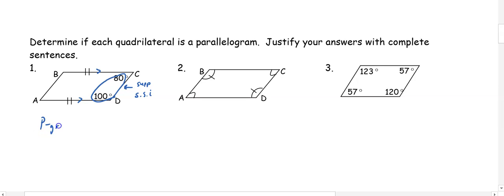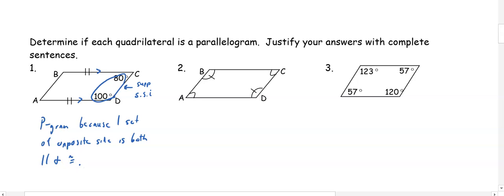So this would be a p-gram or a parallelogram, a way to just shorten that, because one set of opposite sides is both parallel and congruent.